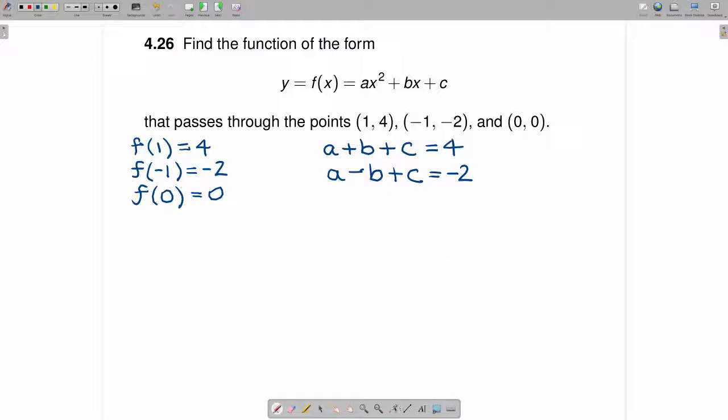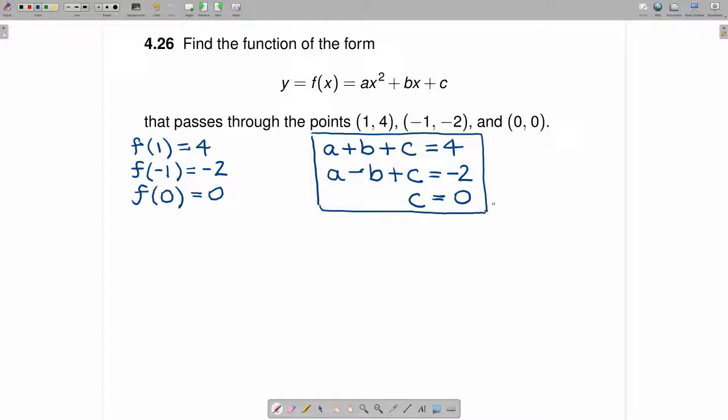Finally, how about f of 0 equals 0? In that case, we have a times 0 squared plus b times 0 plus c is equal to 0.